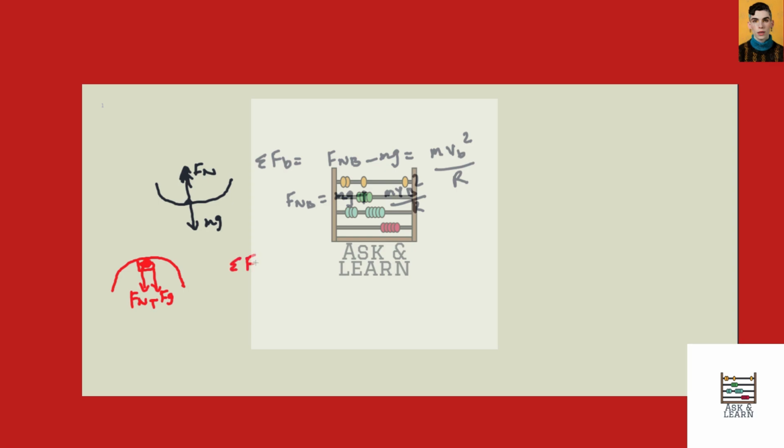So the net force on the top is equal to the normal force on the top plus mg, because they are in the same direction, and that should be equal to the centripetal force, m v top squared over r, which implies that the normal force on the top is equal to m v top squared over r minus mg. So we got the two equations for the normal forces on the bottom and on the top.